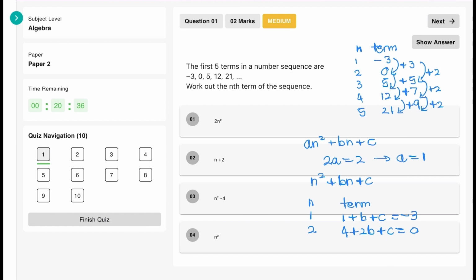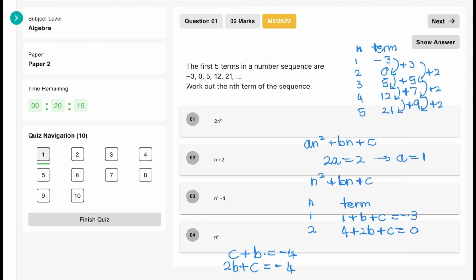From this you can see that b plus c is equal to negative 4, and also 2b plus c is equal to negative 4.